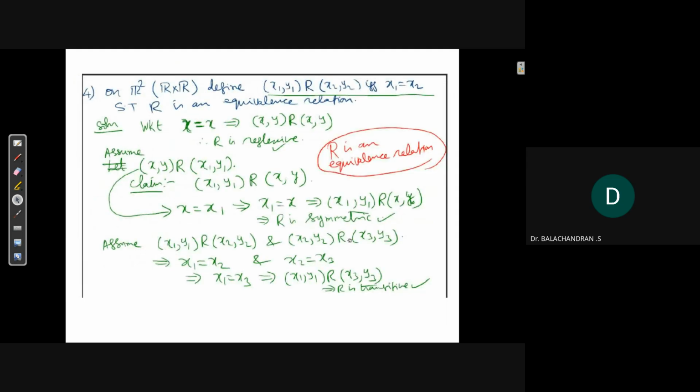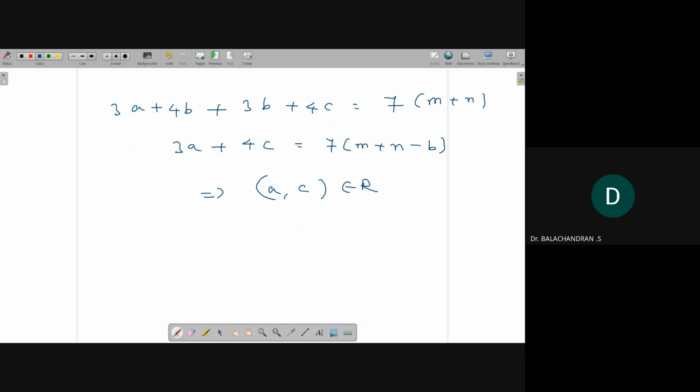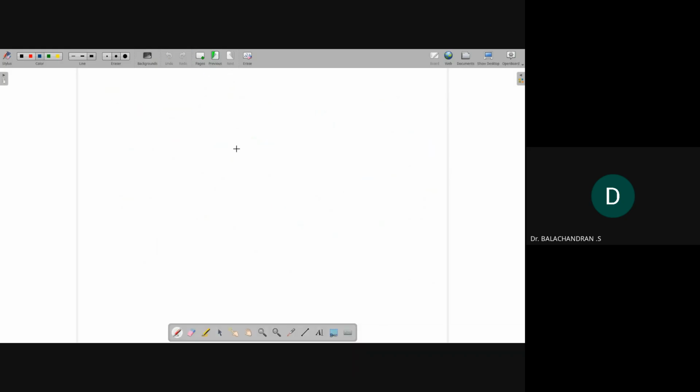So next column, I'll quickly tell this one. Here the relation is defined by x1, y1 related to x2, y2 if and only if x1 equals x2.